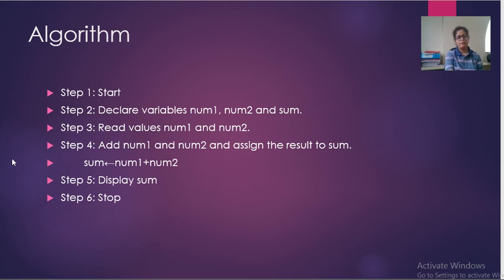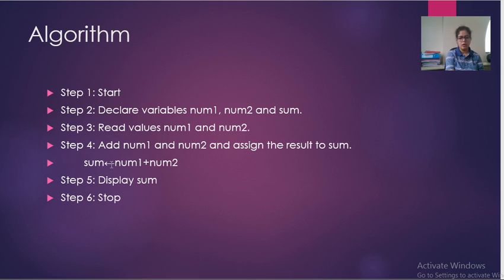Now after reading the values, we have to add the numbers. Step number 4 is add number 1 and number 2. It will add the contents of number 1 and the contents of number 2 and assign the result to sum. Sum is the third variable, so it will assign the result to the sum variable.